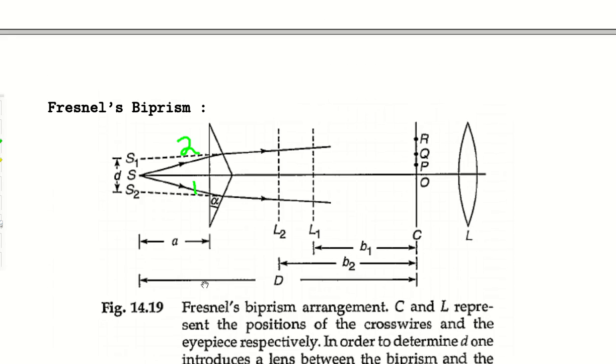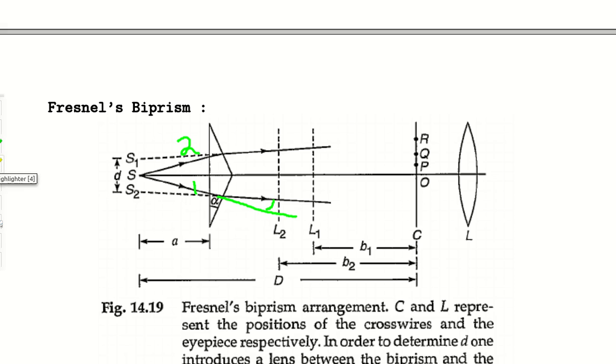What is the angle of deviation here? See, for ray number 1, the ray is going in this direction, but it gets deflected into this direction, so the angle of deviation is this angle.